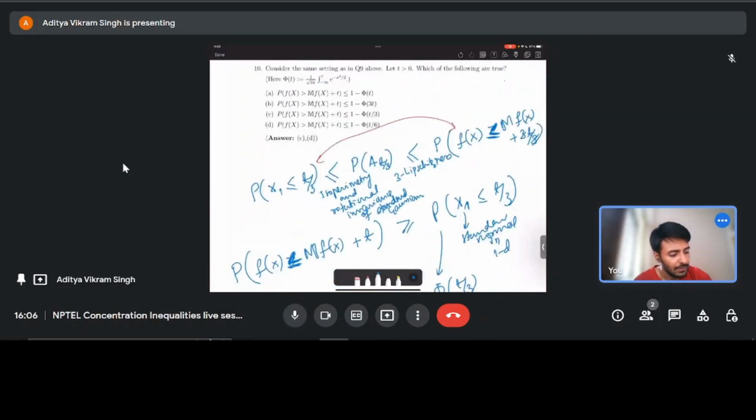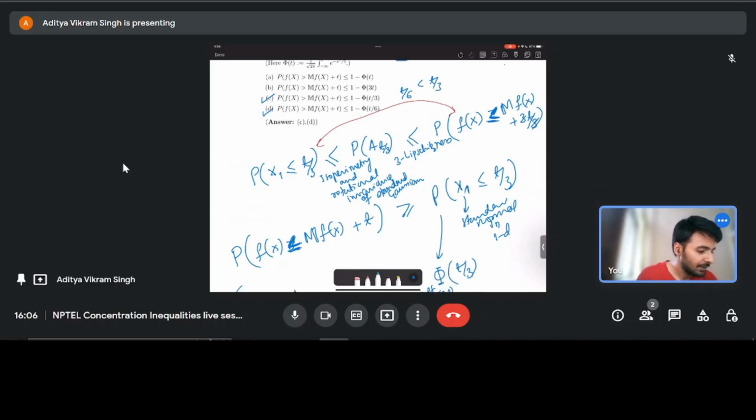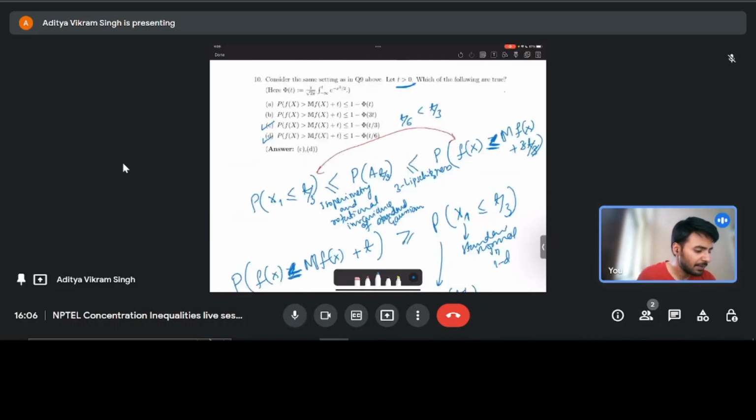So C is correct. And if C is correct, D is also correct, because t/6 is less than t/3 since t is greater than 0. If C holds, then D also holds, because the CDF is an increasing function of t. So you see how we are able to get concentration inequalities around the median by using isoperimetry.